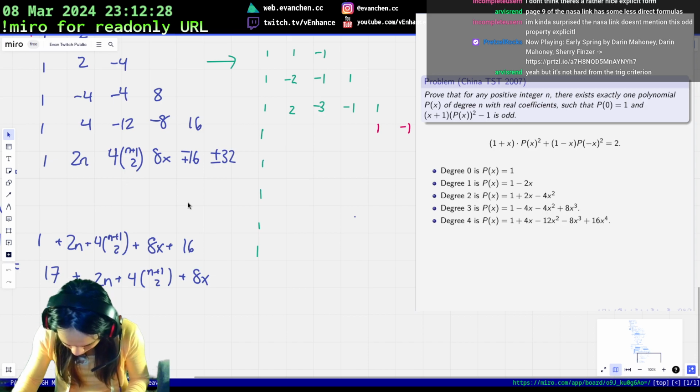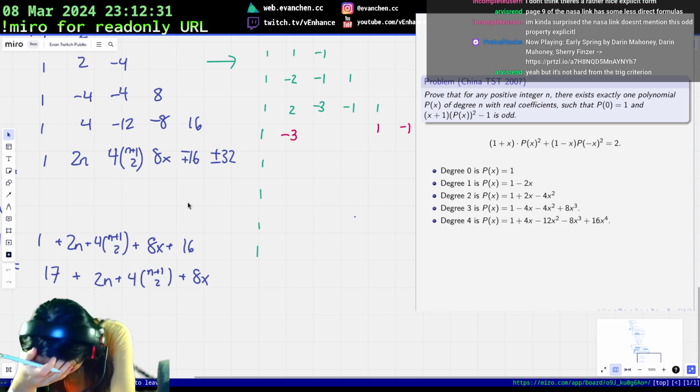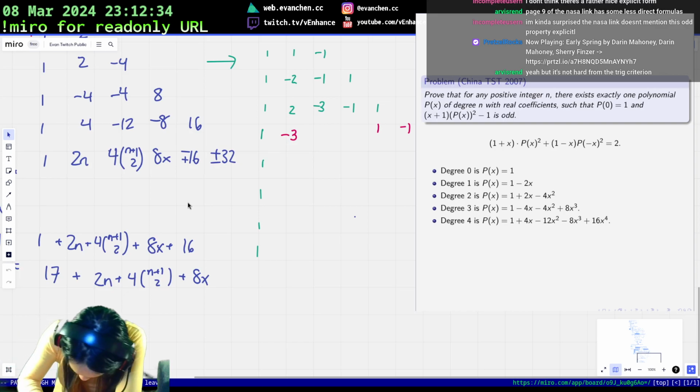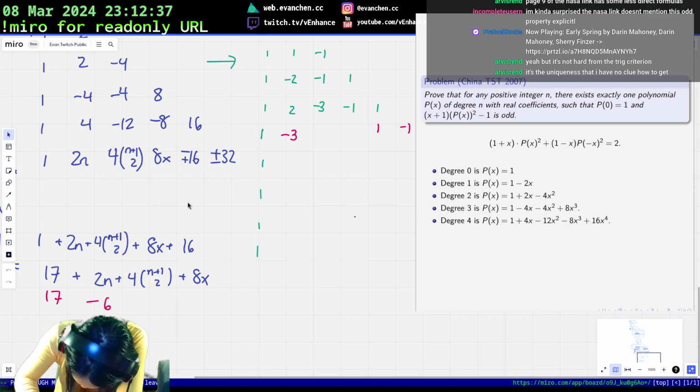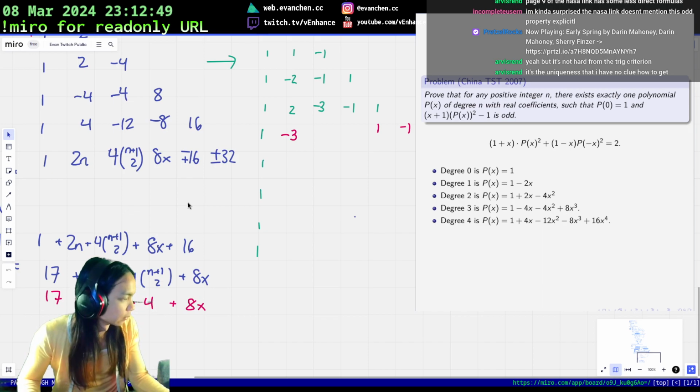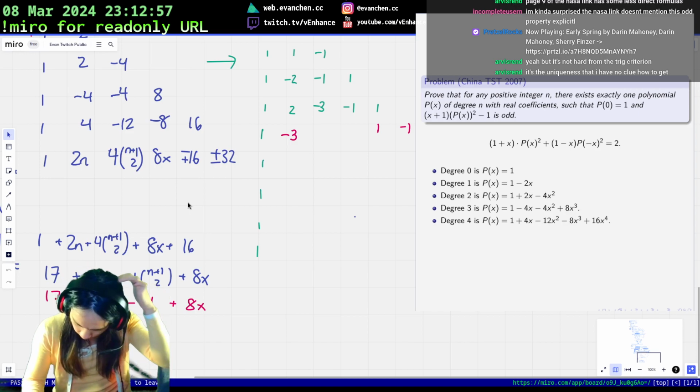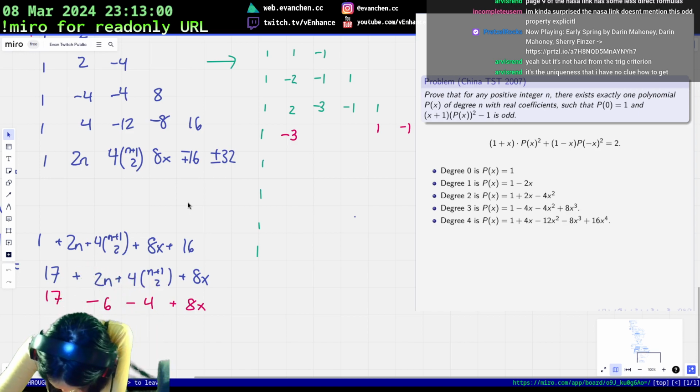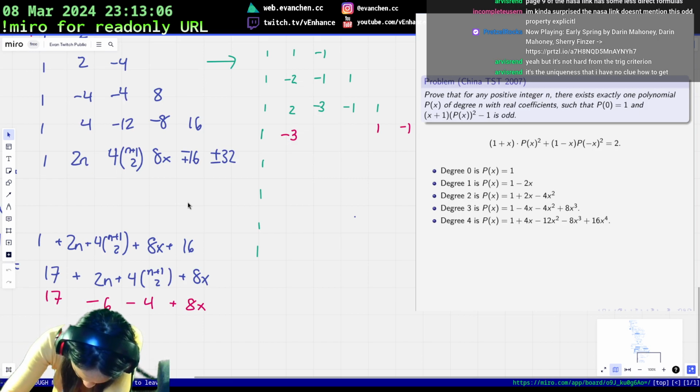Is not -3 what I tried? Oh, I dropped a minus sign. That's why I'm confused. This should be minus. So this should be minus.